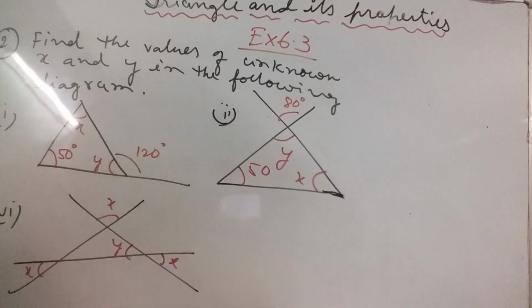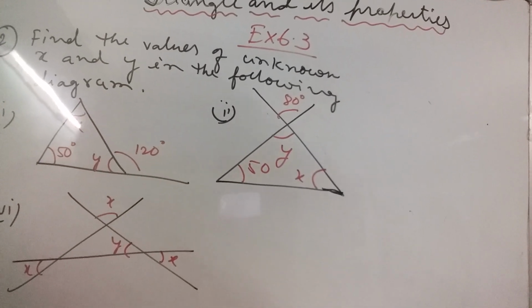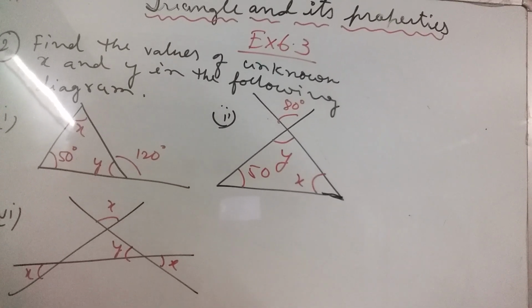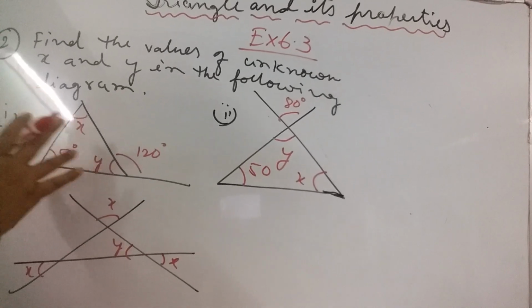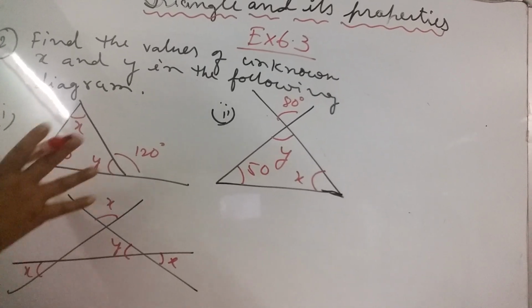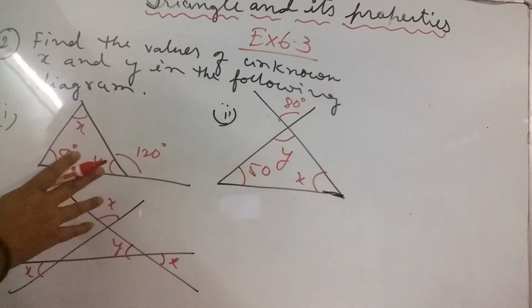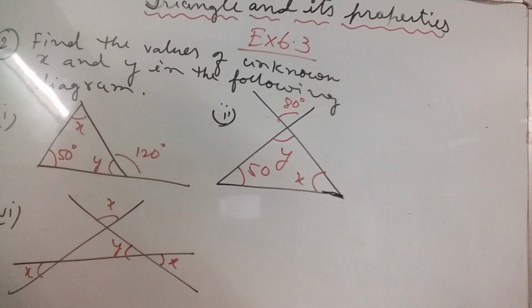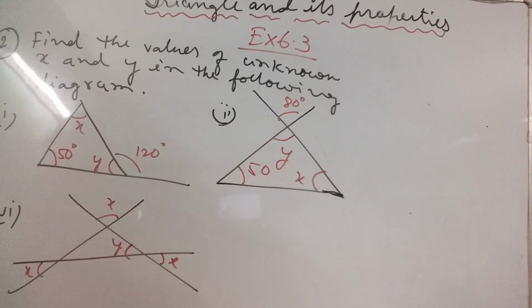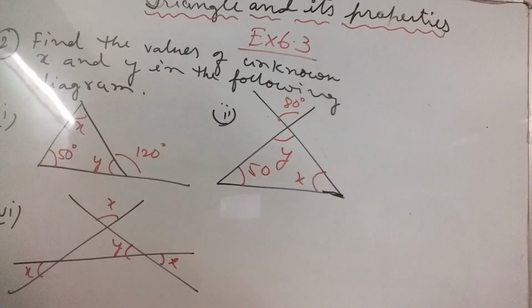Question number 2. Find the values of unknown x and y in the following diagram. You have to find x and y. Here you can see you have to use both properties, that is the exterior angle property and the angle sum property of a triangle.